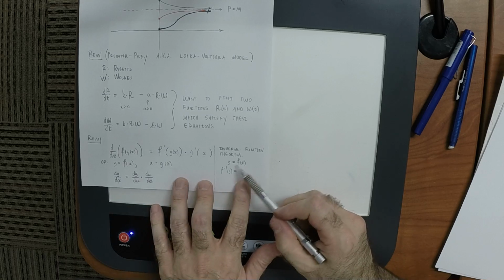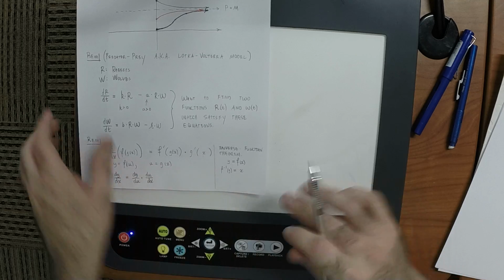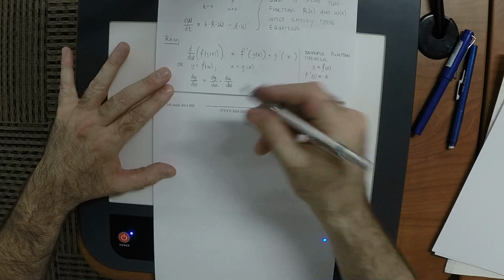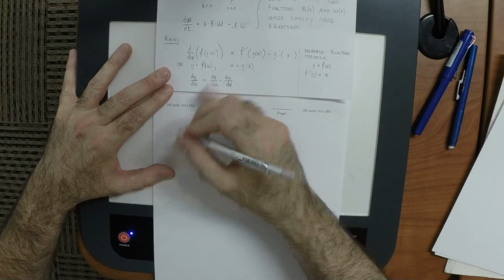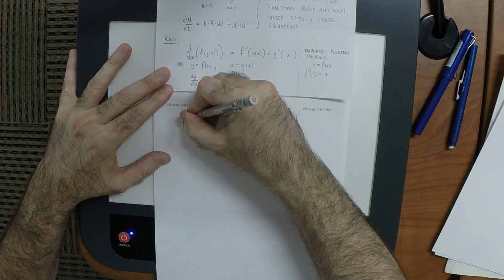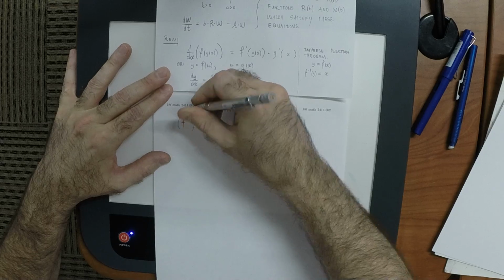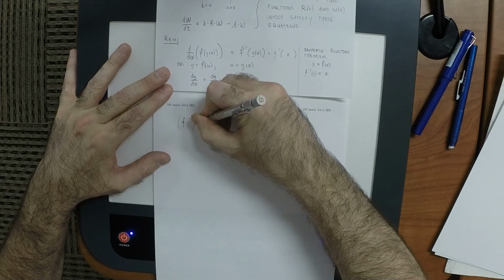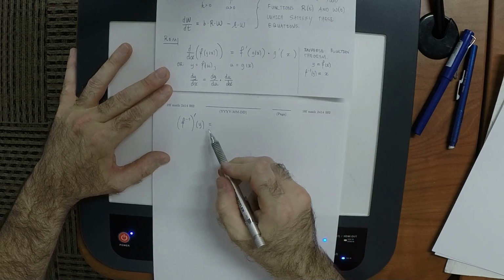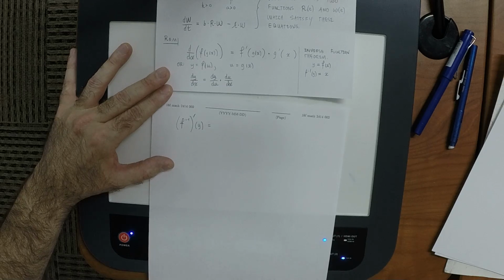That could be something like squaring and square root, log and exponential, what have you. So the question is, all right, how do we calculate the derivative of the inverse function at y? How do you calculate it?